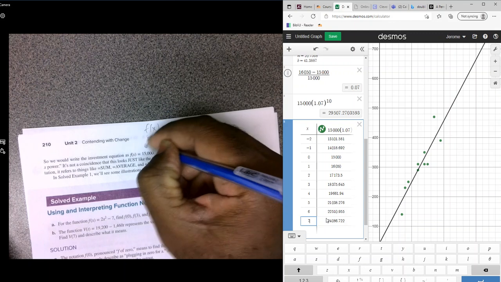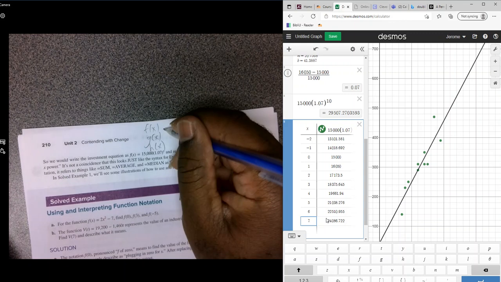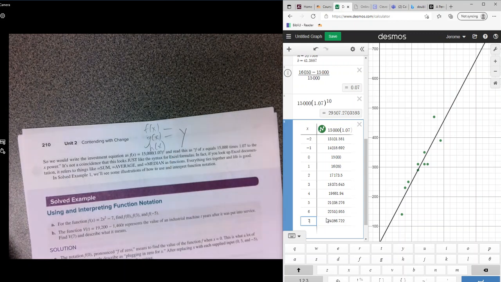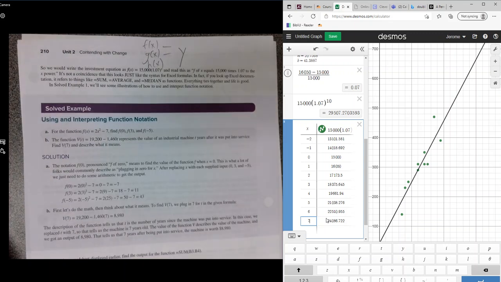So h of x, g of x, and h of x is basically just replacing y. Wherever you have a y value, it can be replaced by one of those function notations or any other letter that denotes of x.